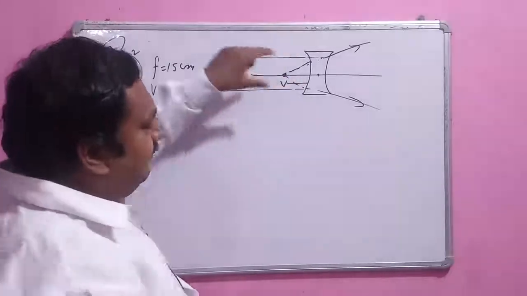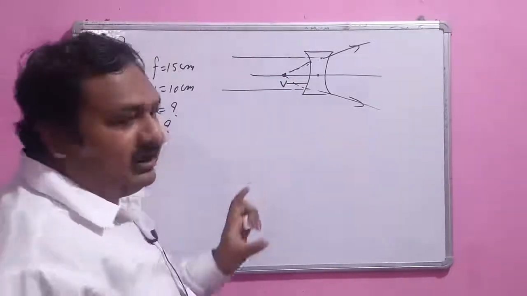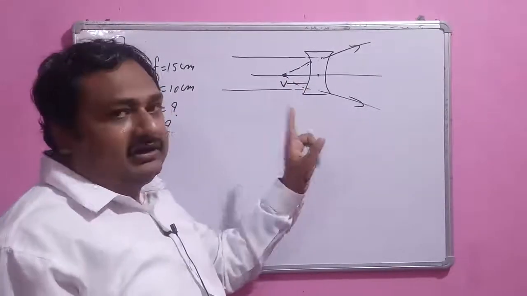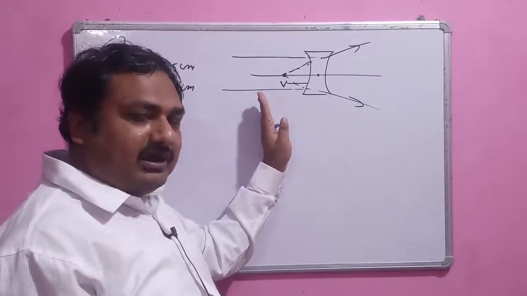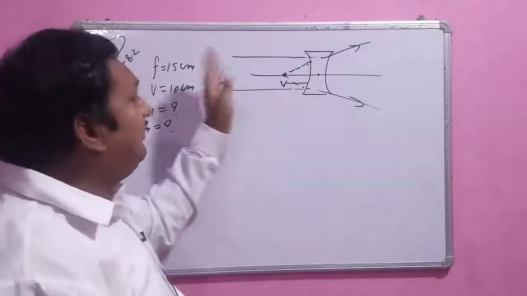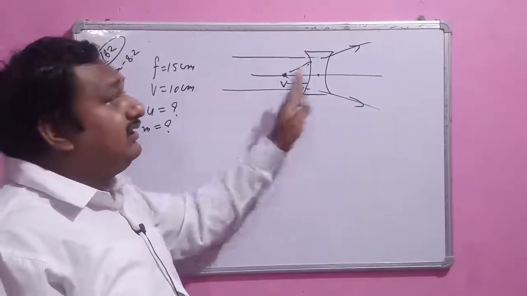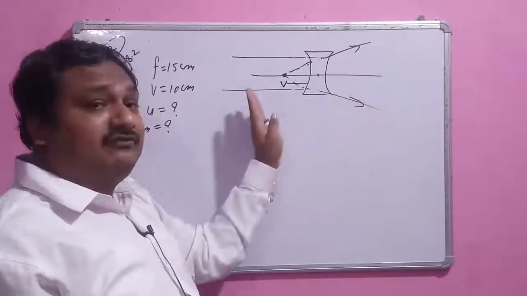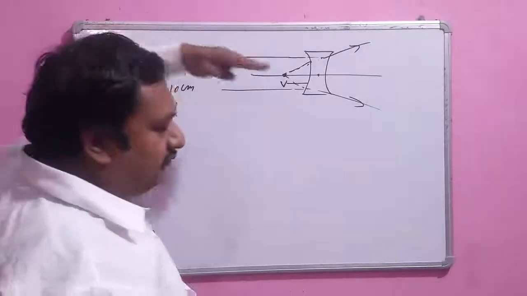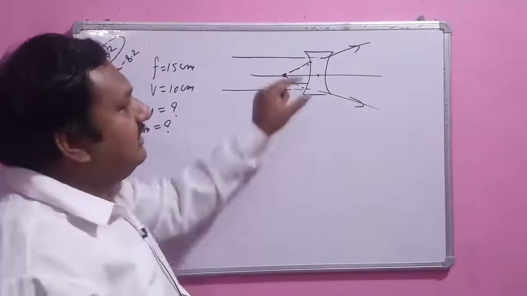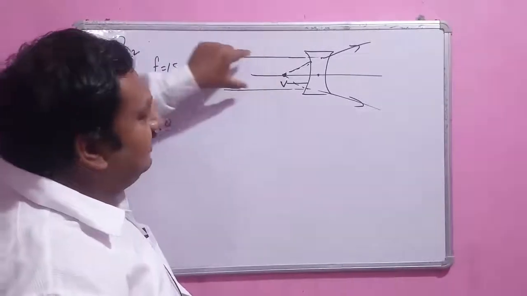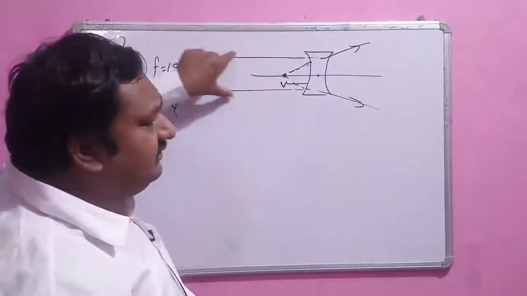From our previous knowledge, in case of a concave lens, the image is forming on the left of the lens, therefore the object will also be on the left of the lens, and its focus is also on the left of the lens. Why? Because focus is defined as a common meeting point of the refracted rays, and here they are not actually meeting. You can see some parallel rays.